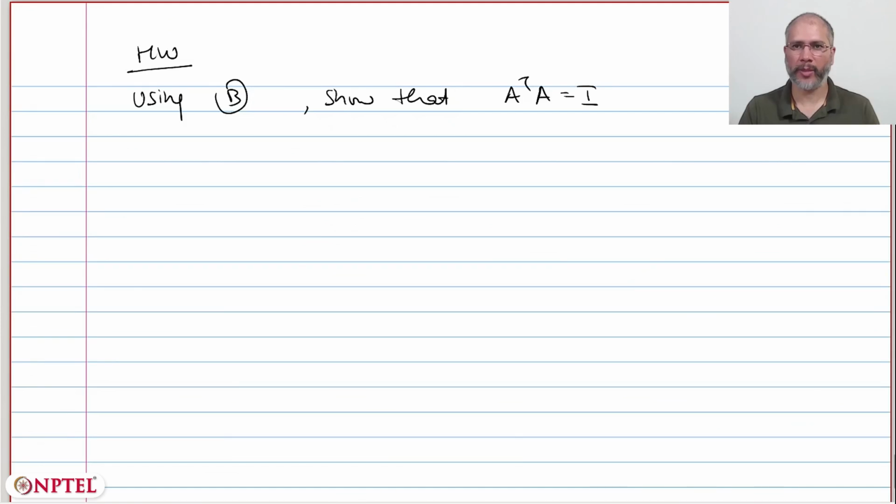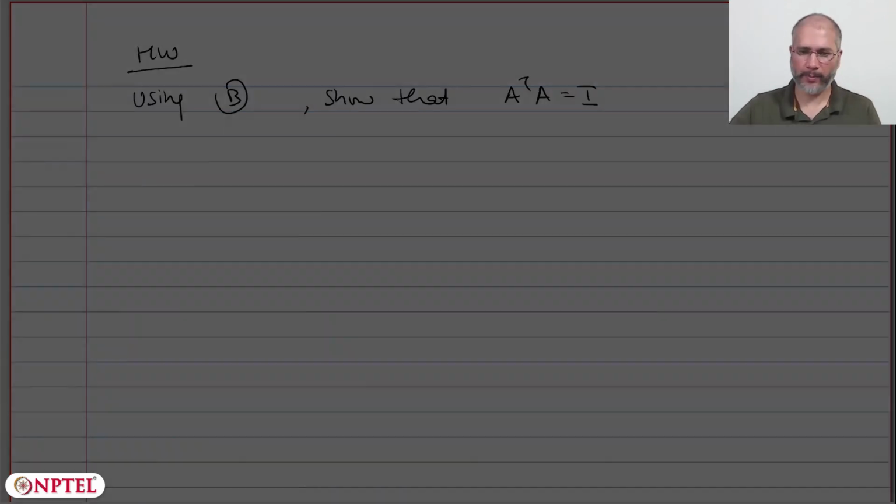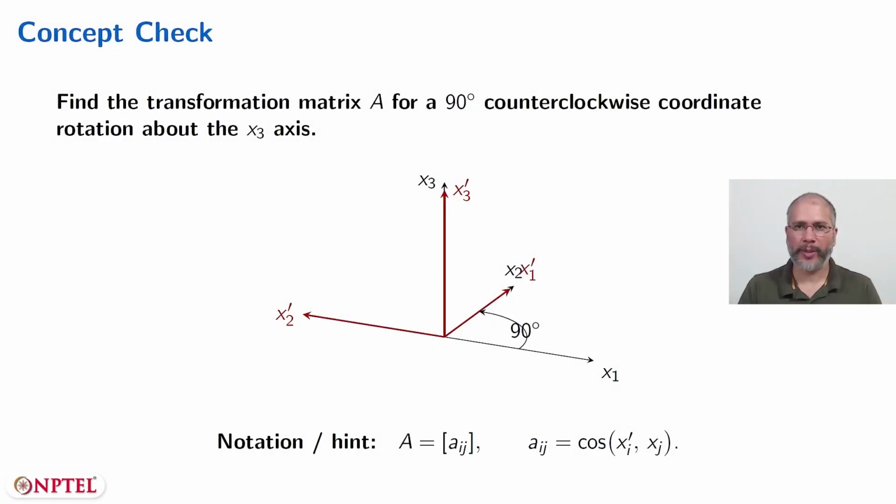So let us do a quick concept check. I gave you the expression for the transformation matrix A in terms of the cosines of the angles, that is the angles of rotation between the different axes. The problem in the concept check requires you to find the transformation matrix A for a transformation from the base to the prime coordinate system, where the transformation is a 90-degree counterclockwise rotation of the coordinate system about the x3 axis.